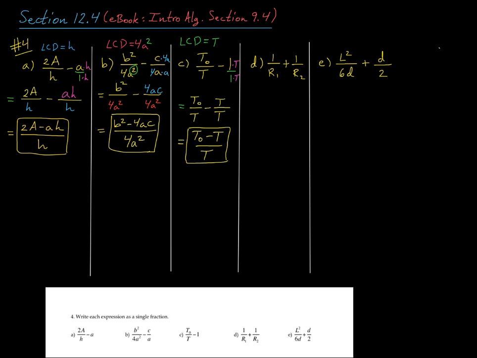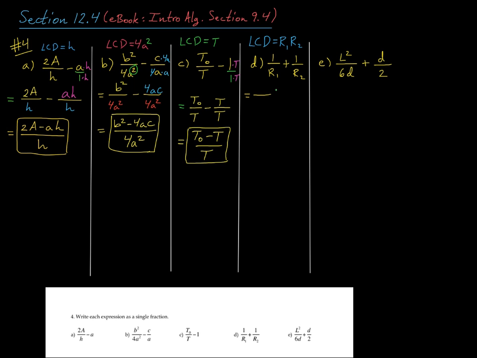So I'm going to need to build an LCD, and to do that, well, my two denominators are just R1 and R2. I don't have a common factor there between those denominators, so as we said before, the LCD then is simply going to be the product of those denominators.